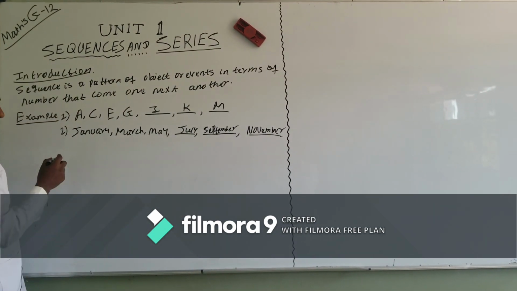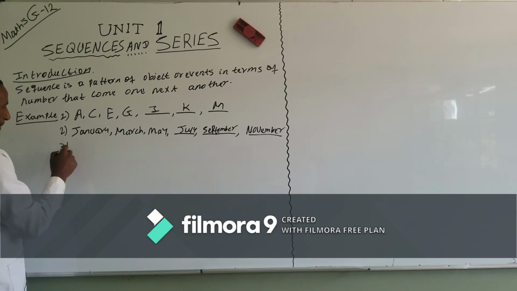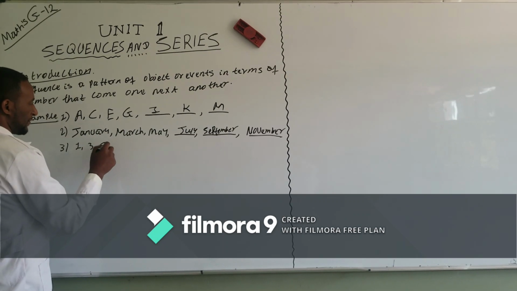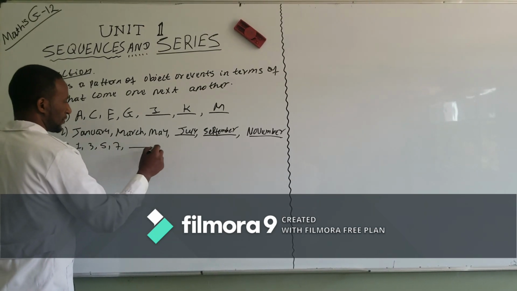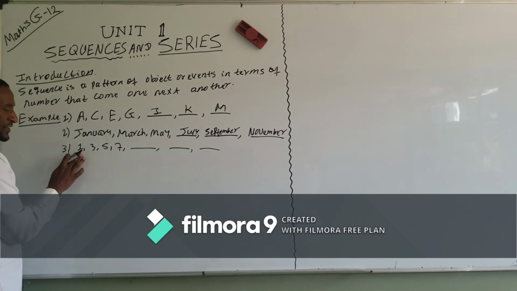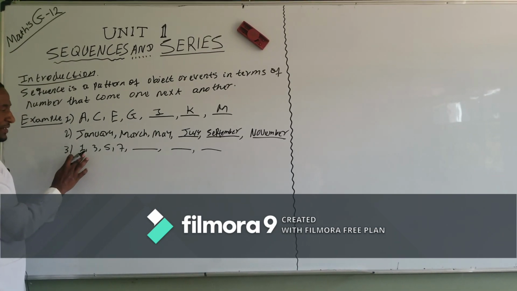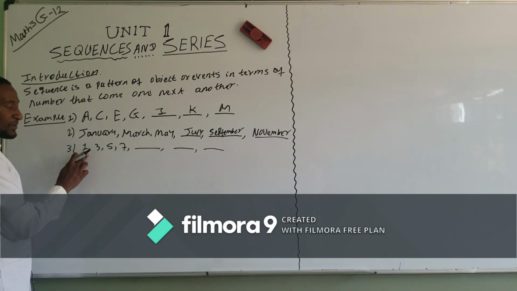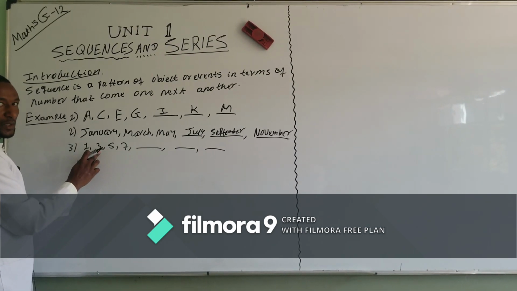Also, in terms of numbers, let us say 1, 3, 5, 7, and so on. When we see these terms of the sequence, we add 2 to the previous term, then we can get the next term.